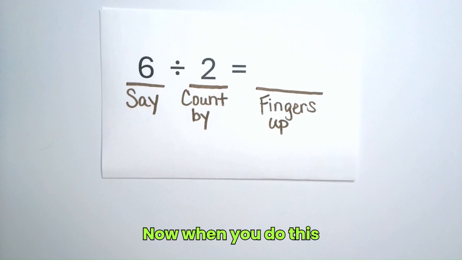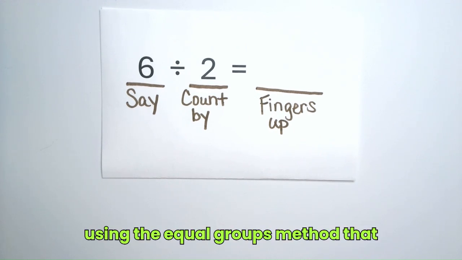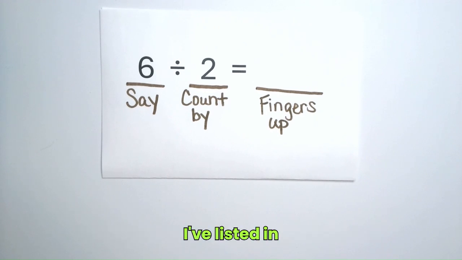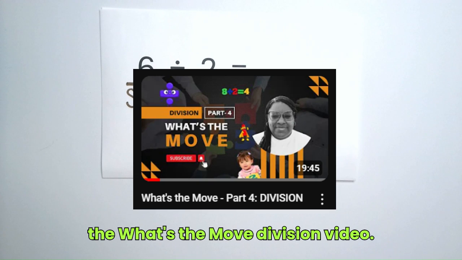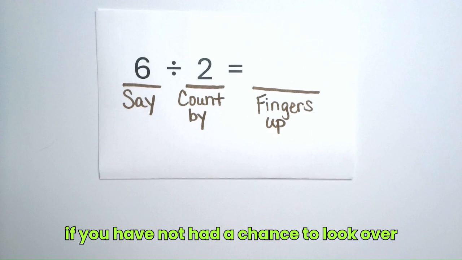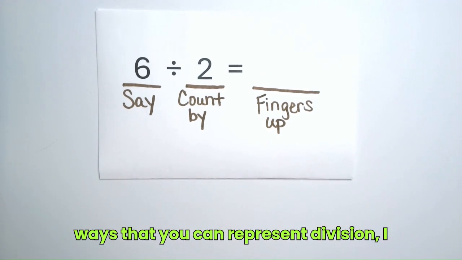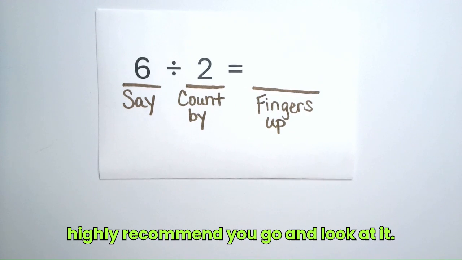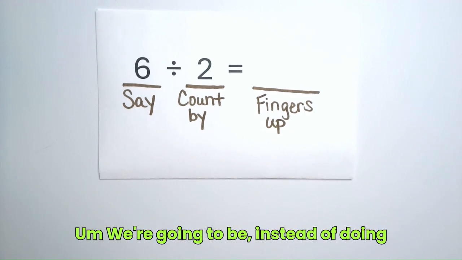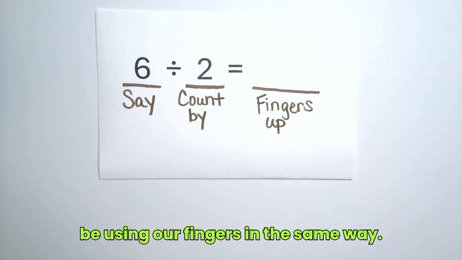Now, when you do this process, you are actually using the equal groups method that I've listed in the What's the Move division video. If you have not had a chance to look over those videos and just see the different ways that you can represent division, I highly recommend you go and look at it. Instead of doing the equal groups on paper, we're going to be using our fingers in the same way.